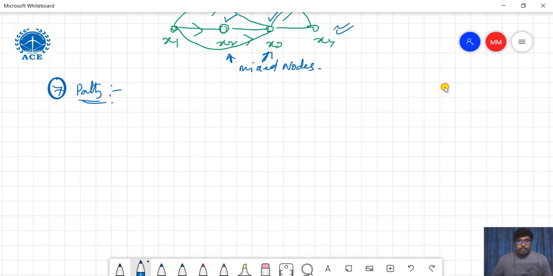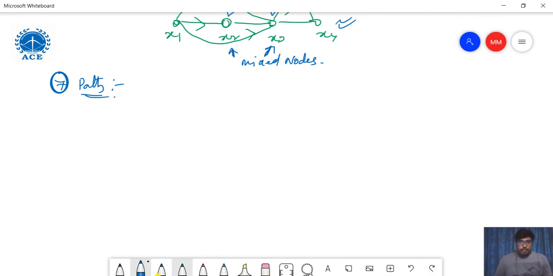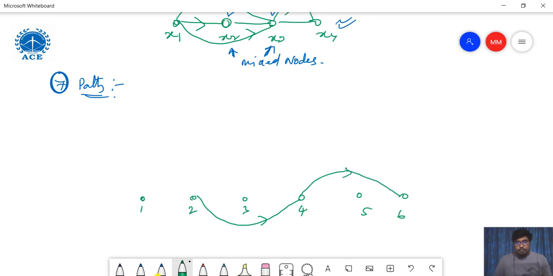For example, suppose nodes 1 2 3 4 5 6, I'm naming it 1 2 3 4 5 6. In this case, this is one branch moving, and this is another branch moving, and this is another path connecting all nodes.